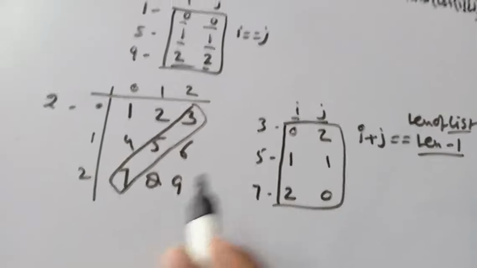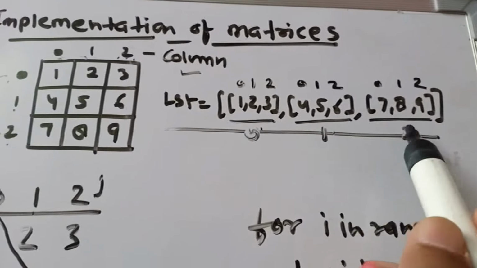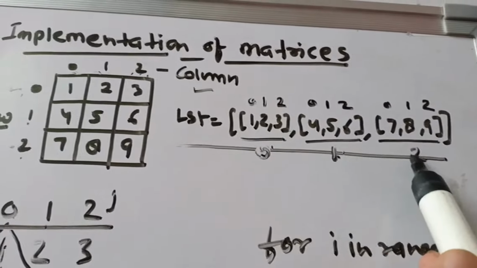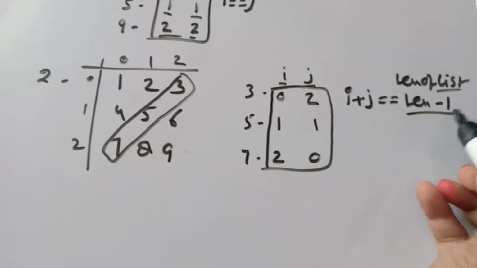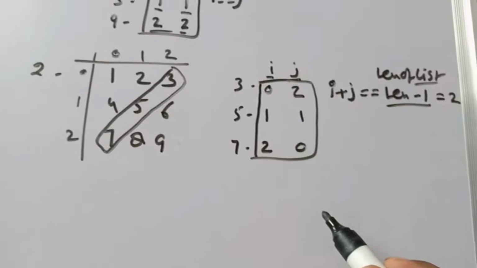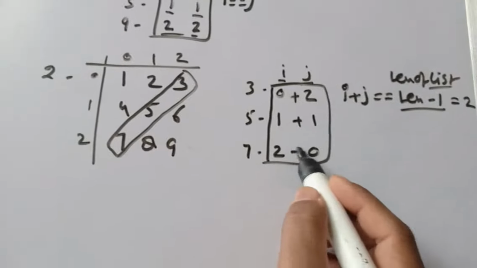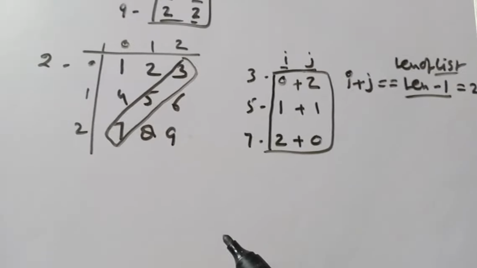The length of list, which is given here, is 0, 1, 2, that is 1, 2 and 3. The length of list is 3. So 3 minus 1 is 2. So 0 plus 2 is 2, 1 plus 1 is 2, 2 plus 0 is 2.